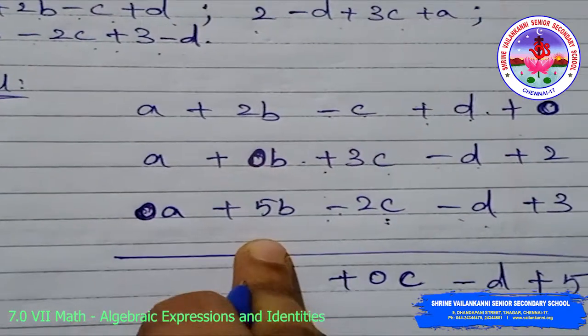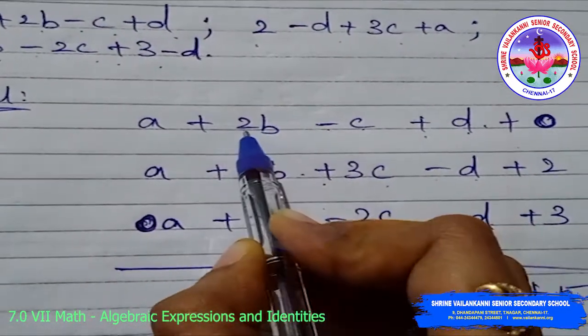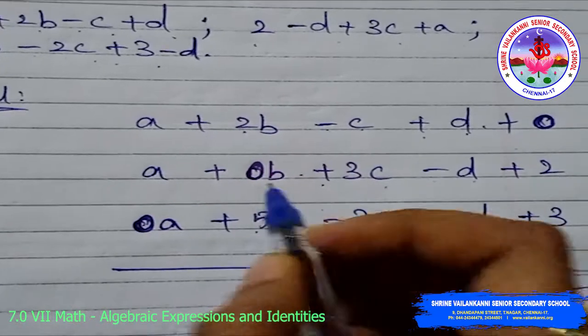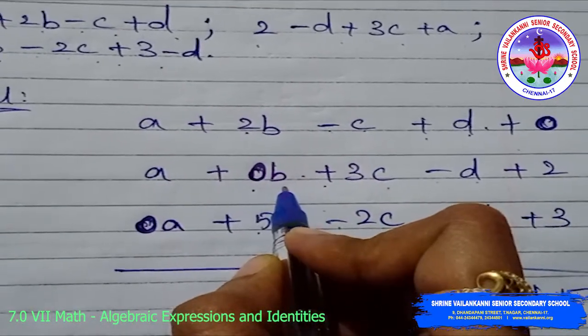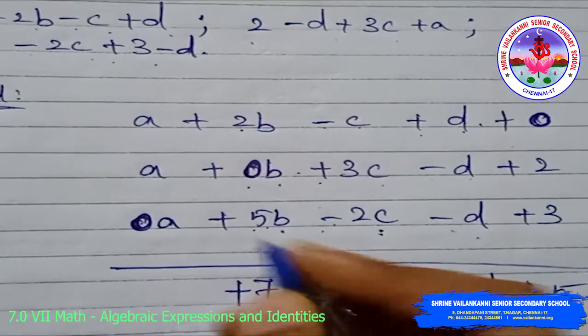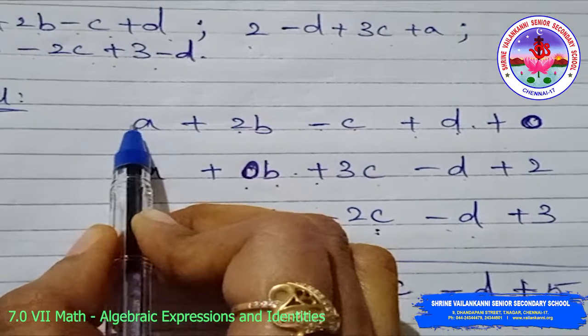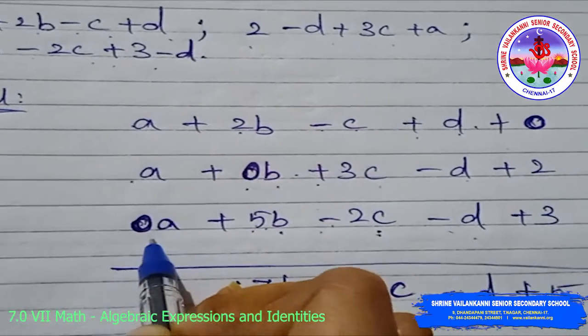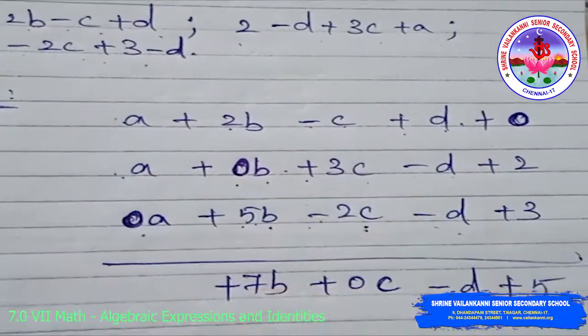Next, b term. Here positive 2b, positive 5b, positive 0. So 5 plus 2, that is 7b, that is a positive value. Here 1a plus 1a plus 0a, that is 2a.